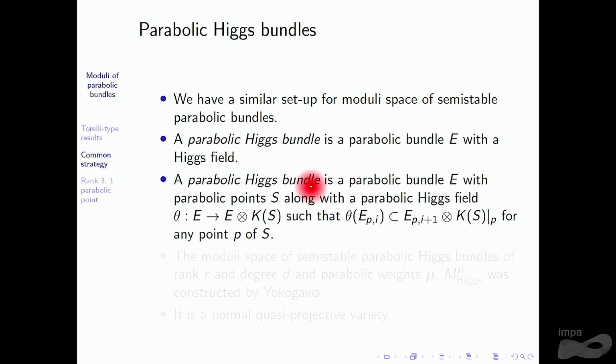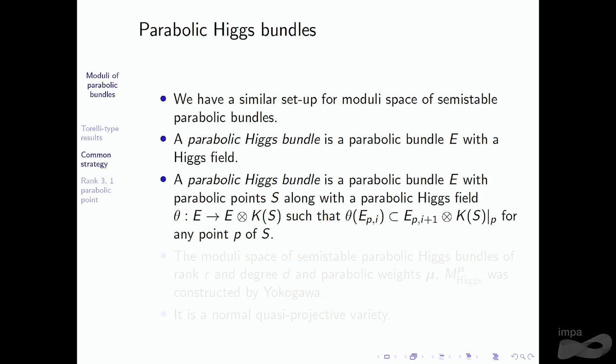What this parabolic Higgs field does is take a part of the filtration, let's say E_{p_i}, and shift it to E_{p_{i+1}}. Because I have a filtration at the parabolic points, the image of that filtration should just be shifted by 1.